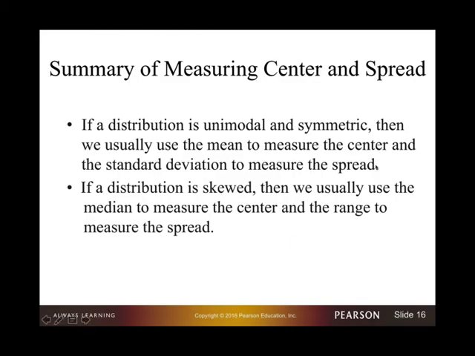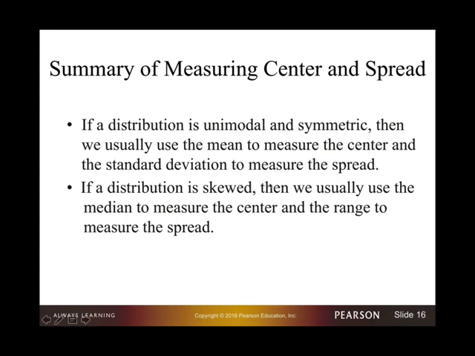Okay, summary of measuring center and spread. So we learned the measures of center and the measures of spread. If you have a distribution that is unimodal and symmetric, you could think about the normal distribution, one-humped, then we want to use the mean as the measure of center and the standard deviation to measure the spread.